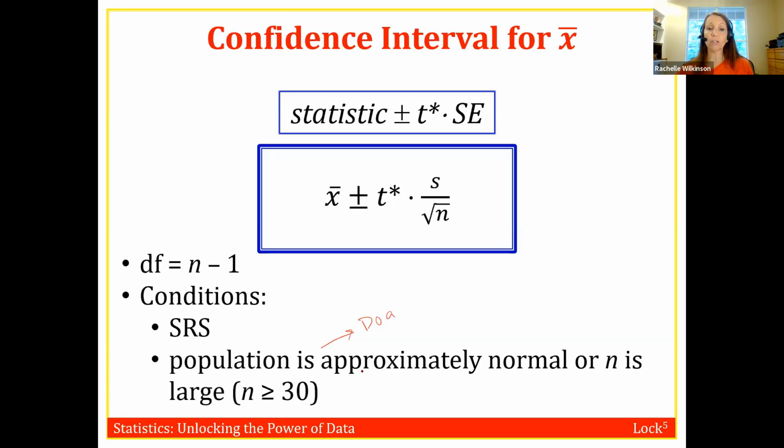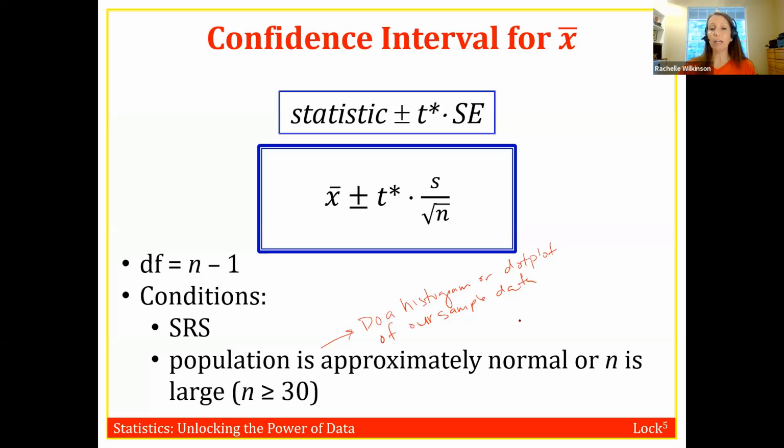So in order to check to see if the population is normal, we can graph the sample data because the sample data should be like a mini population. It should reflect the shape of the population. So we're going to do a histogram or dot plot of our sample data.